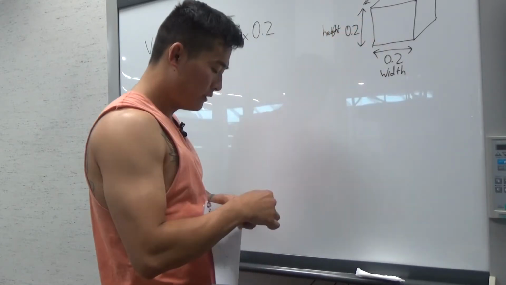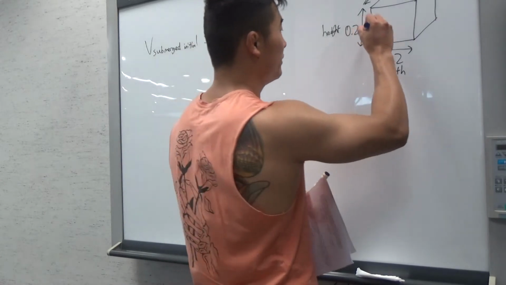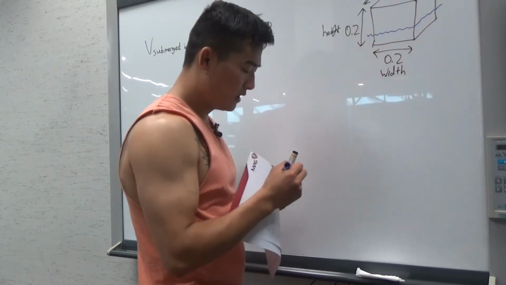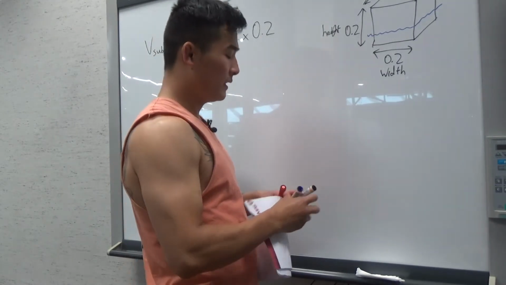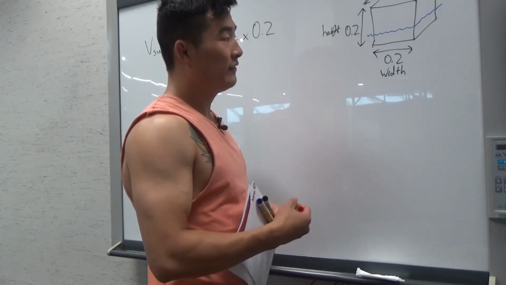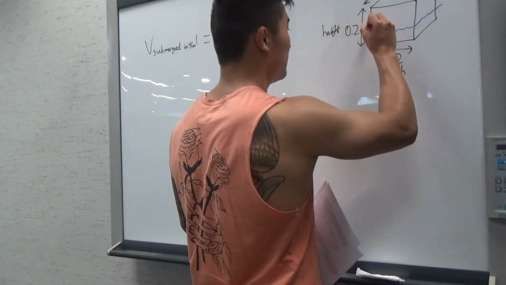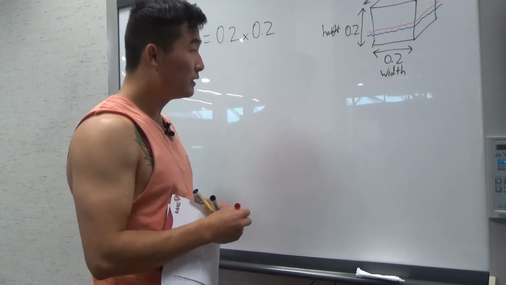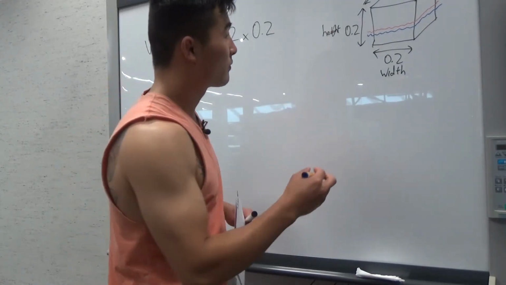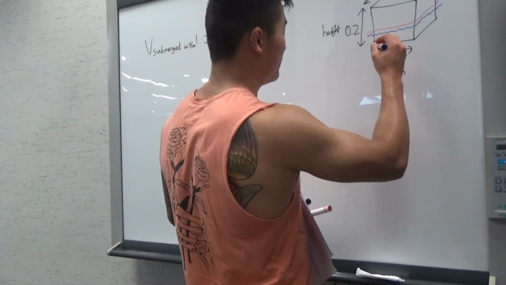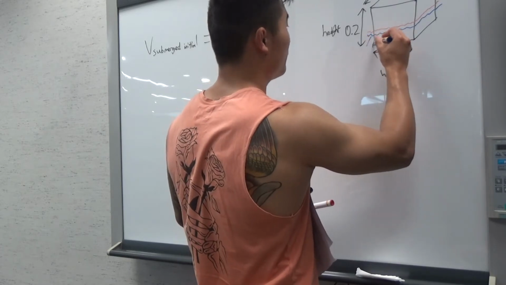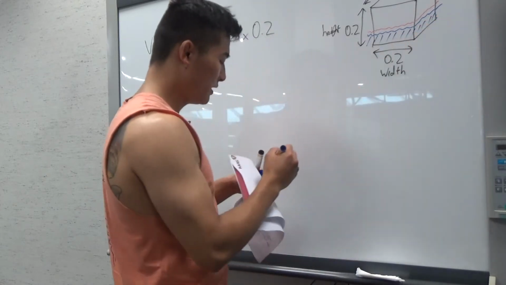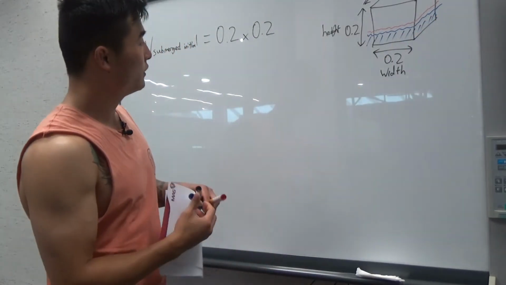Okay, and we know that initially only 1/3 of it was submerged, but then after the cat was put in the box, another 3 centimeters was submerged. So this is the volume that was submerged initially, and that's what we're looking for.